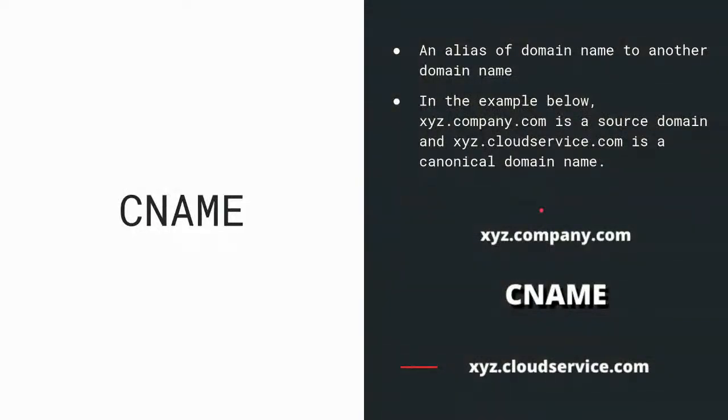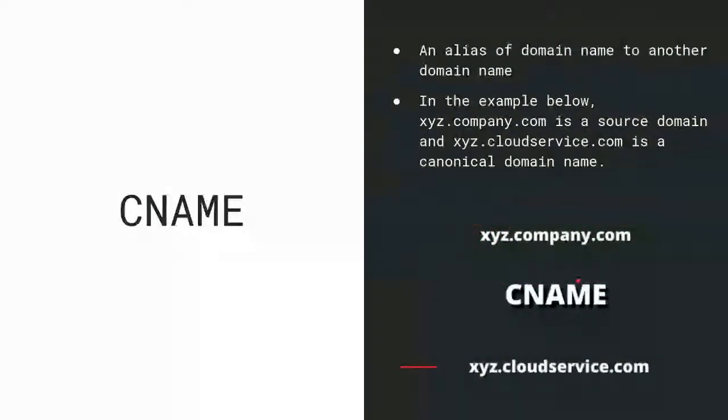Whenever we make an S3 bucket, Amazon AWS gives its own URL, for example, bucketname.amazonaws.com. Now I want this particular URL of the S3 bucket to be mapped to my company subdomain.